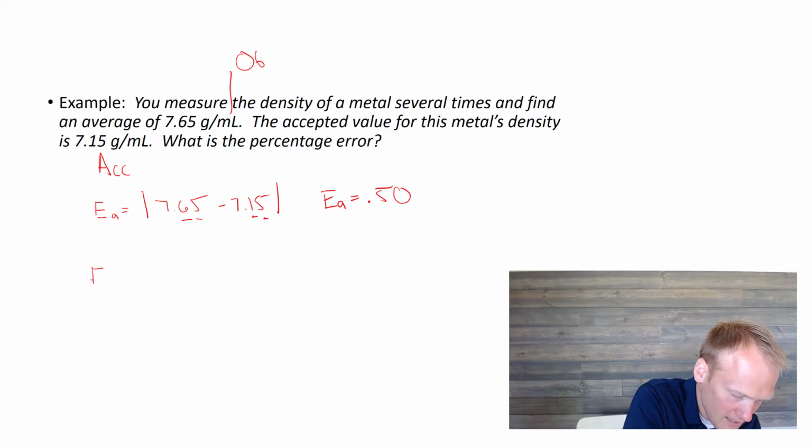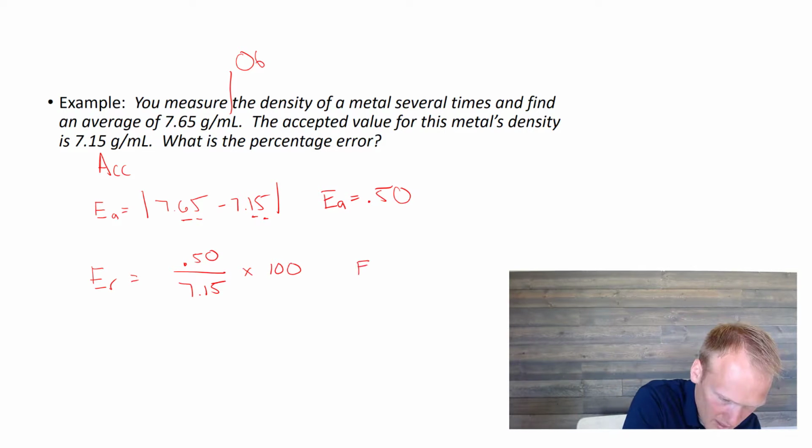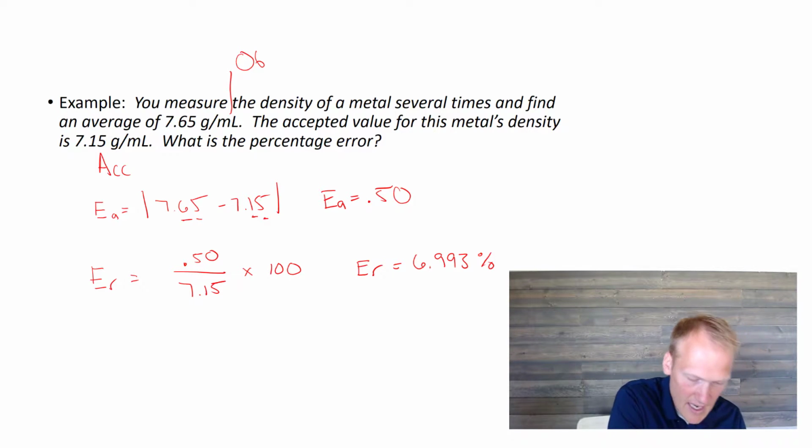So then to find the relative error, we'd take our absolute error and put it over the accepted value, which is the 7.15, and multiply by 100. So the relative error would be 6.993%. And I would say we should keep 2 sig figs because the 0.50 had 2 sig figs.